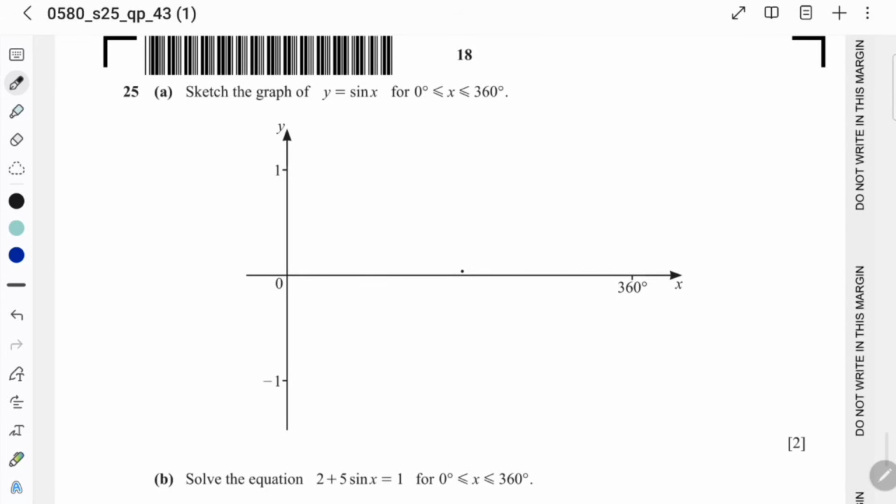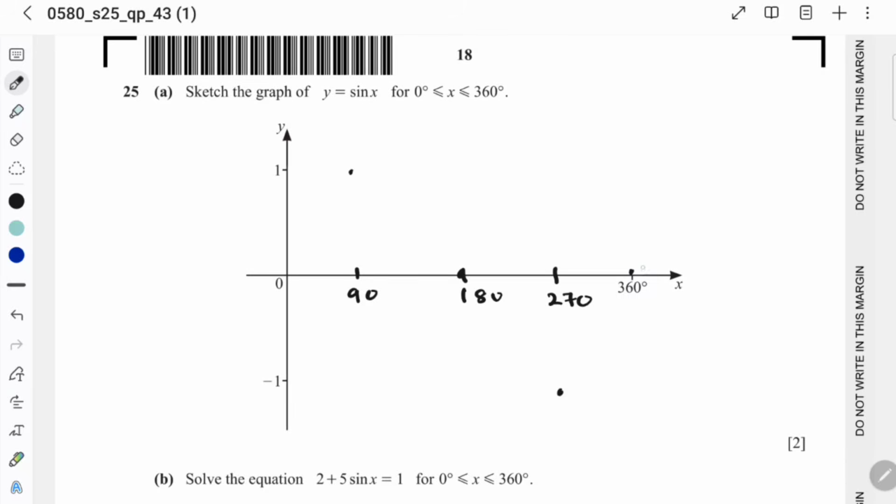Come to question number 28. In question 28, we have to sketch the graph of y equals sin x from 0 to 360 degrees. So 90, 180, 270 and 360. At 90 we have 1, at 270 we have minus 1, at 180 we have 0, and at 360 we have 0.